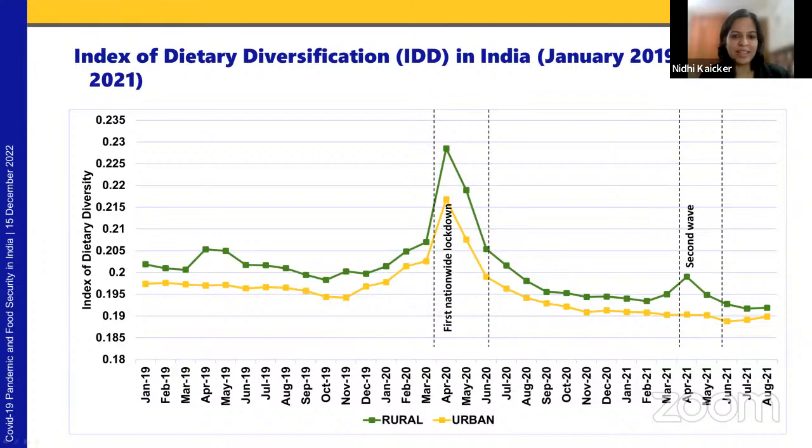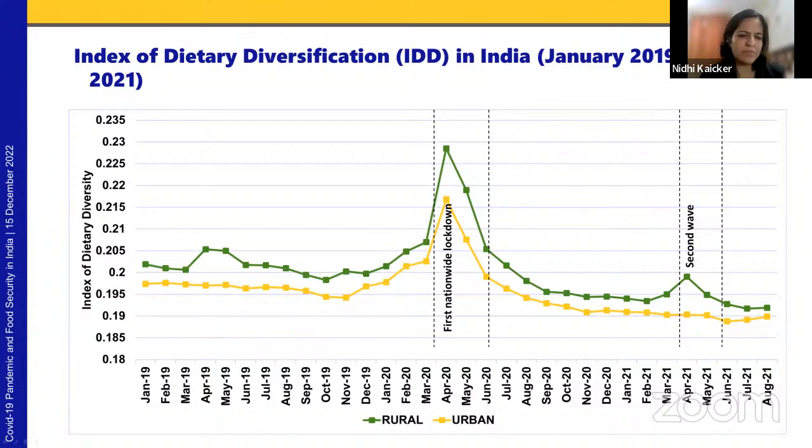The increase in the index is almost 10% for rural households and about 7% for urban households relative to the previous month. So while the shift to a more concentrated diet was more pronounced in rural areas, we see a similar phenomenon even in the urban areas. And then we see a sharp reversal once the lockdown restrictions were lifted.